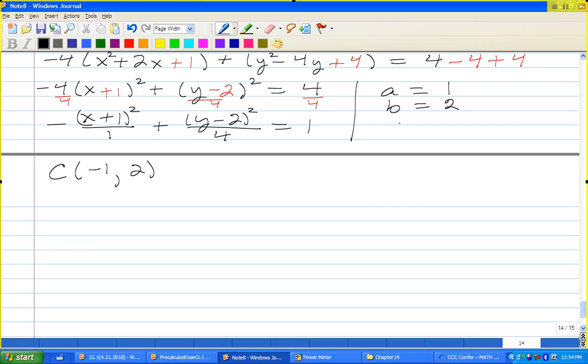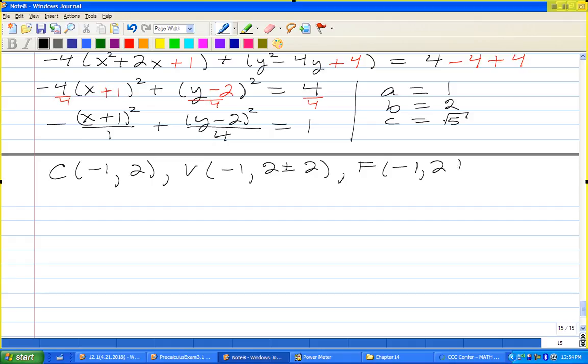B is equal to 2. 1 plus 4 is 5, so C is equal to the square root of 5. Therefore, the vertices are at, the y is positive, negative 1, 2 plus or minus 2. The foci are at negative 1, 2 plus or minus rad 5.